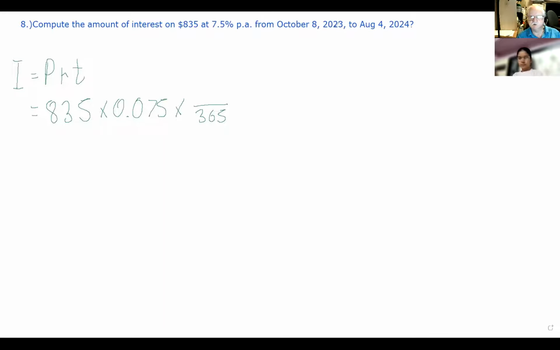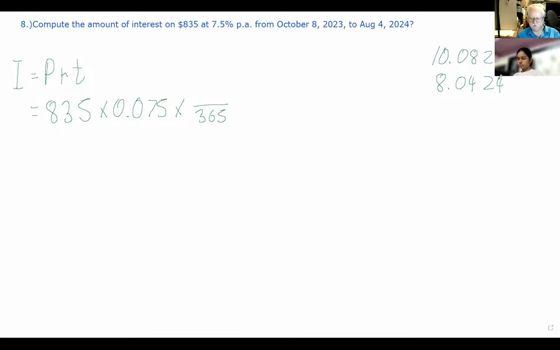If you're using the BA2 Plus, we'd be plugging in October, which is what, the 10th month? So 10.0823, and August is the 8th month, .0424.